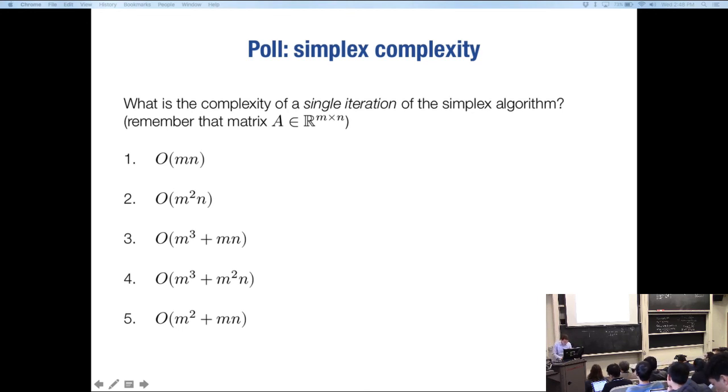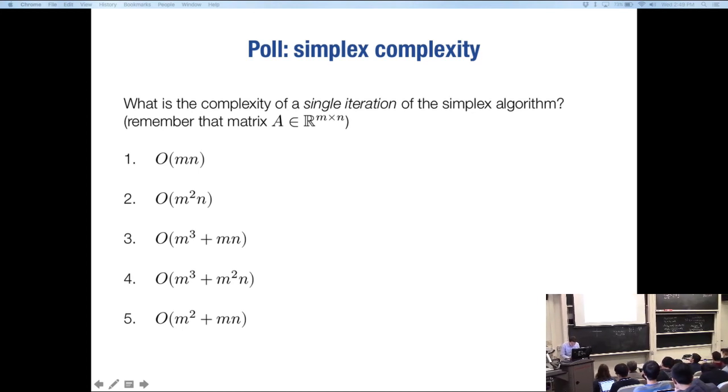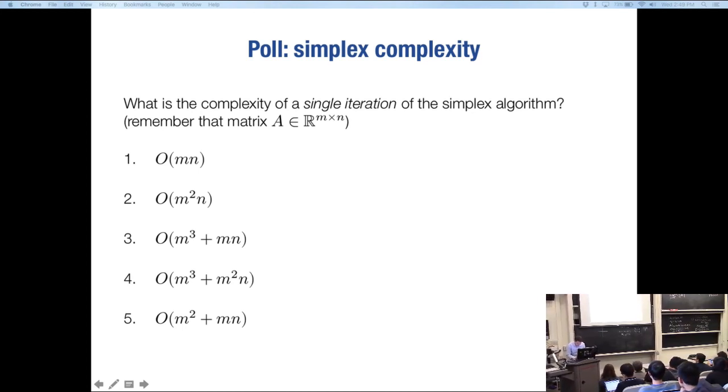But okay, so sorry, complexity of simplex. I had such nice LaTeX in my answers and everything for the actual one, so apologies for that. Okay, so people can see it now.